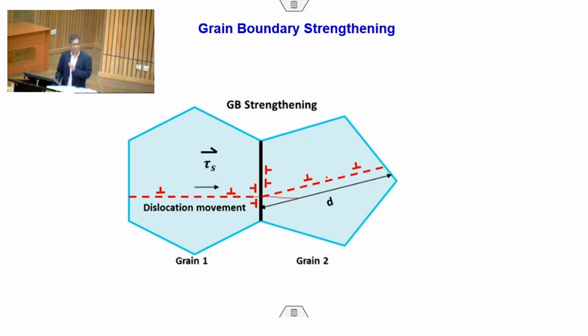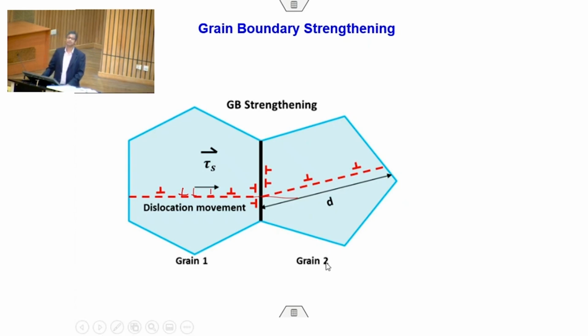But normally that does not happen. Slip planes will not be arranged that way. So, therefore, dislocations will slowly pile up. As they pile up, they create a stress on the boundary, and this stress should reach a critical value, then it will lead to generation of dislocations or movement of dislocations in the other grain, then the deformation proceeds.